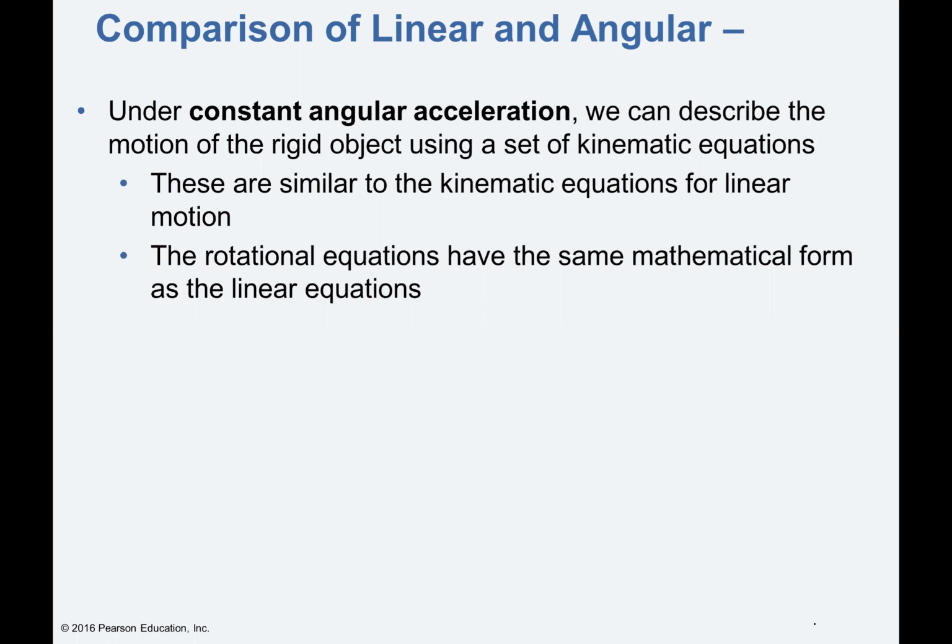That means we had non-uniform motion, where there is an acceleration, there's a change in velocity and things like that, and we had to take into account all of those things.